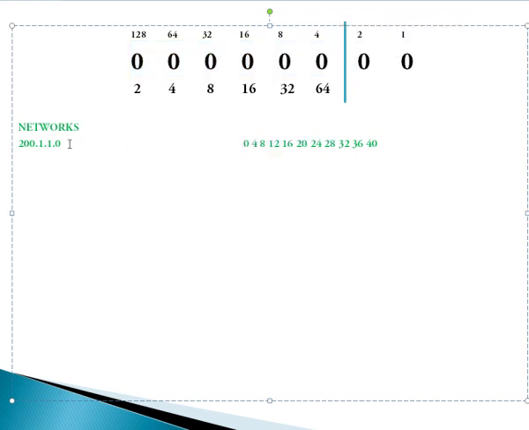So we've got here, bear with me a second, let me remove that from there so I can work. So our networks, it will be 200.1.1.0, then 200.1.1.4, 200.1.1.8, 200.1.1.12.